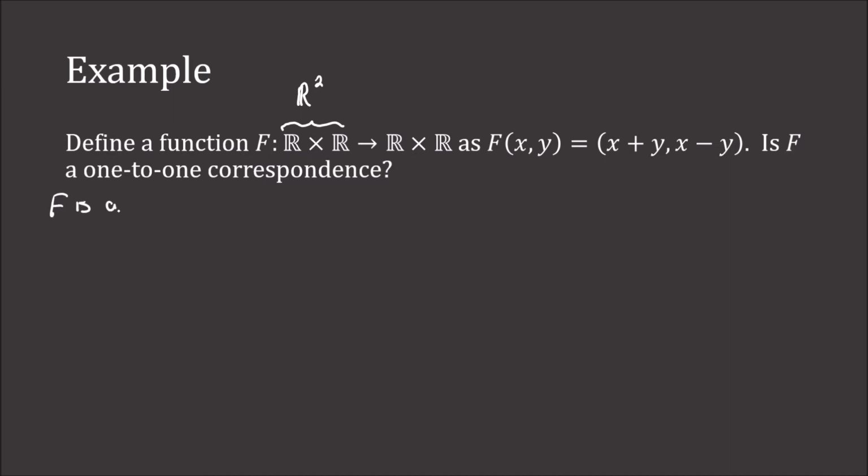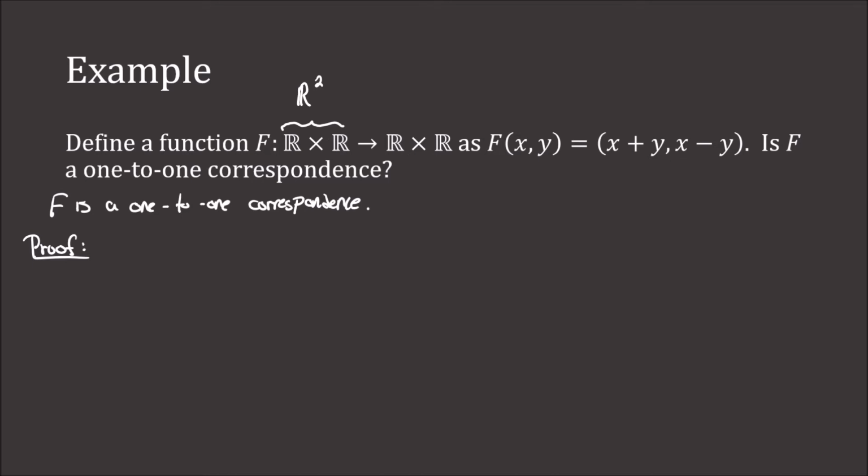Now, in fact, here f is a one-to-one correspondence. It's one-to-one and it's onto. We just have to prove it. So we have to do two things. We have to prove it's one-to-one. We have to prove it's onto.